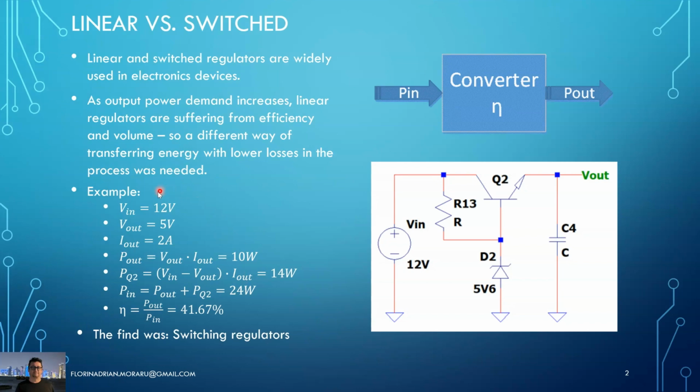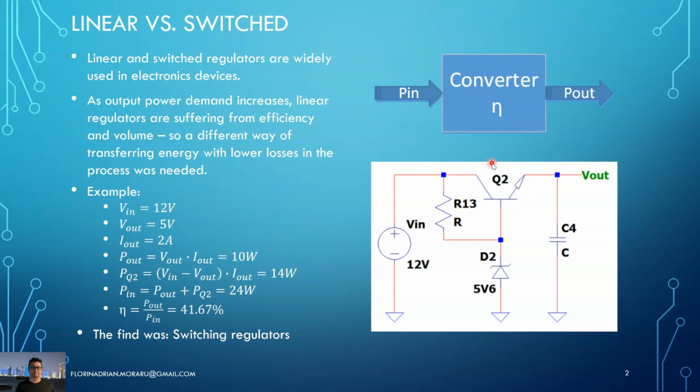So imagine we have a car, we have a car battery of 12 volts, and we have an electronic device in the car that needs to be supplied with 5 volts and consumes 2 amps. So we have to provide a total power of 10 watts. Well, in this case, if we use a linear regulator or a linear DC to DC converter, we will have a linear regulating element, which is Q2 in our case.